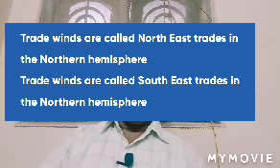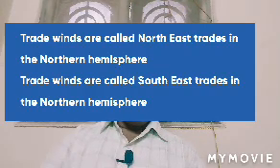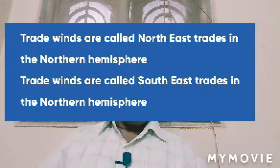Westerlies are there. Why do they get their name? Because these winds blow from west to east. Next, polar winds are in the polar regions, and these winds also blow from east to west.